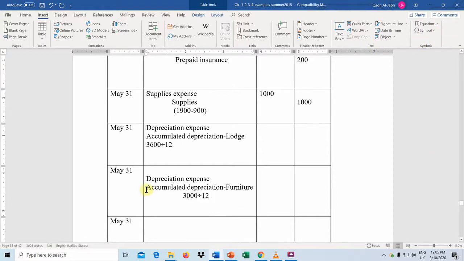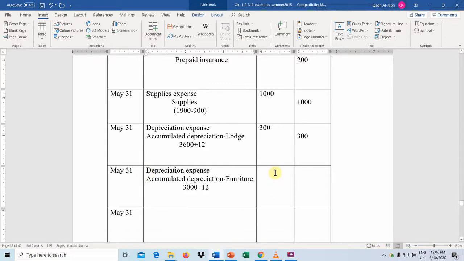Because I want only the depreciation for 1 month, for the month of May. So for the first one, 3,600 divided by 12, it will be 300 debit for depreciation and a credit for accumulated depreciation by 300.